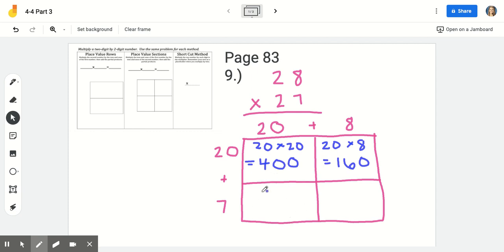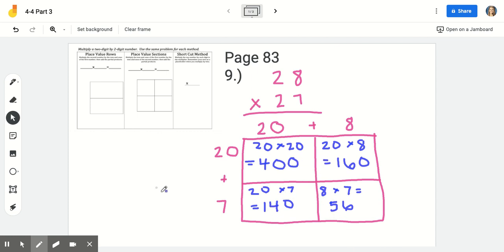This bottom box here, top factor is 20, side factor is now 7. 20 times 7, and go ahead and solve. 140. And then our last box, the top factor is 8 and the side factor is 7. 8 times 7 is equal to 56. All right, great.